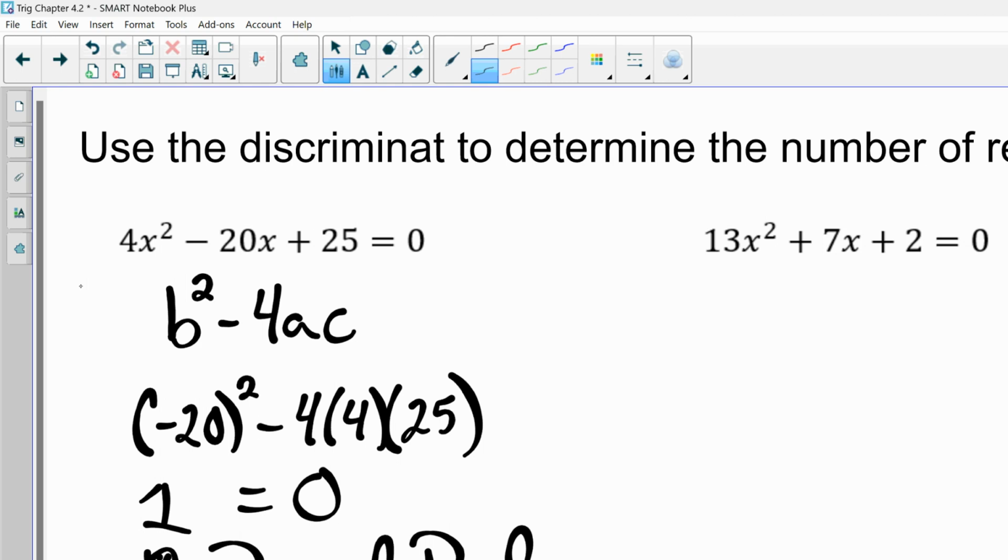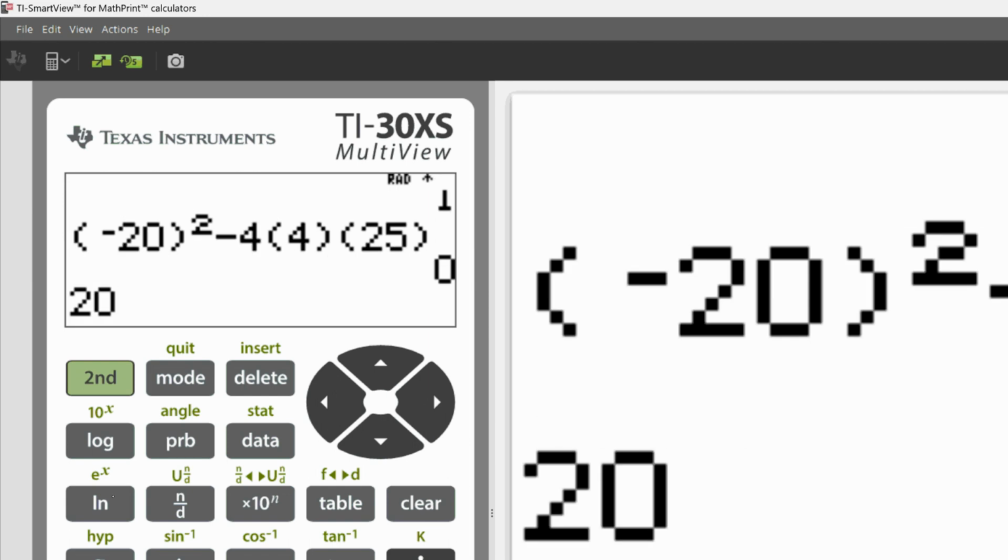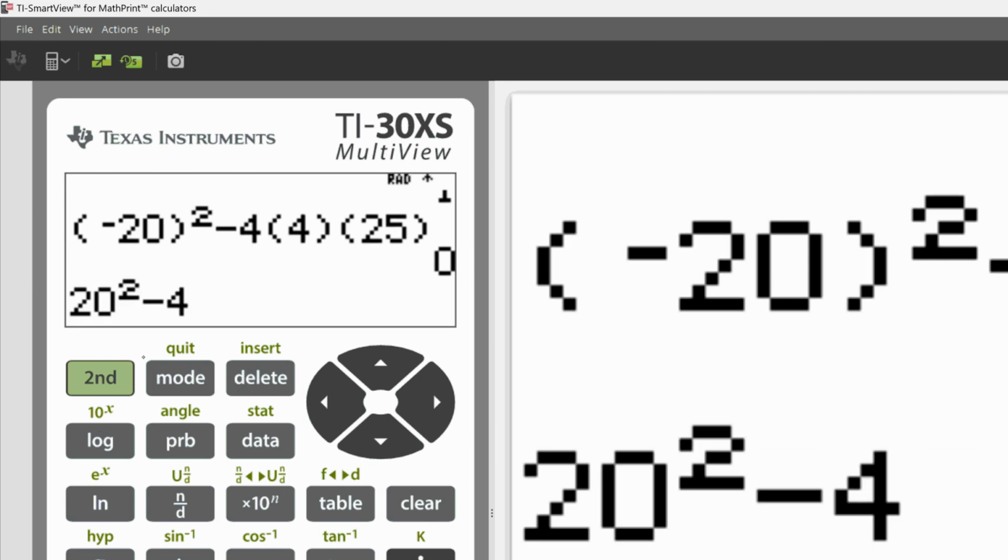Now, one thing we could have done with this problem that we didn't, especially, this is semantics. At this point, when typing it into the calculator, I could have dropped the parentheses and the negative and got the same answer. And the reason we can do this is negative 20 squared.